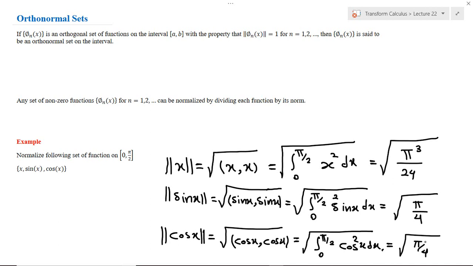If you want to normalize this set of functions, I have to divide each function by its norm.